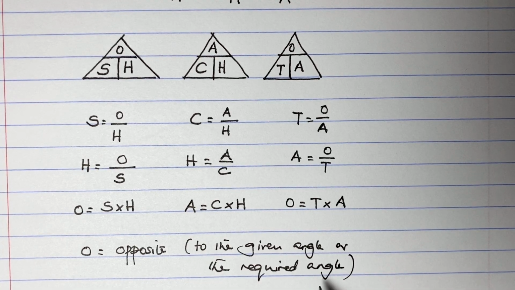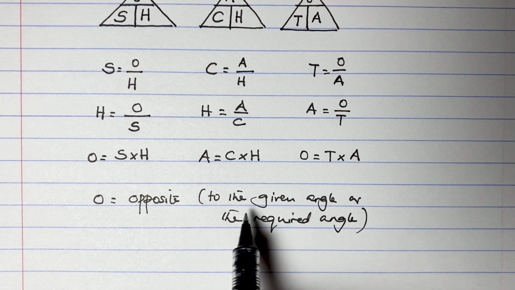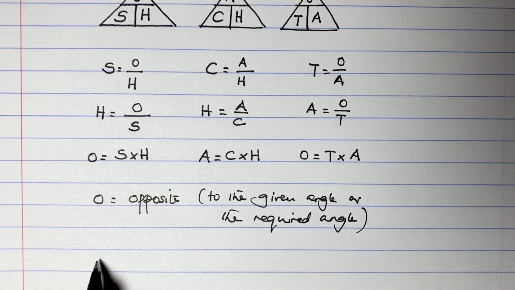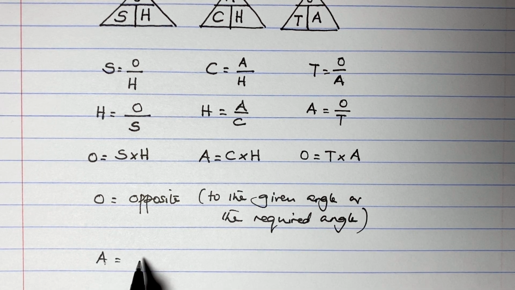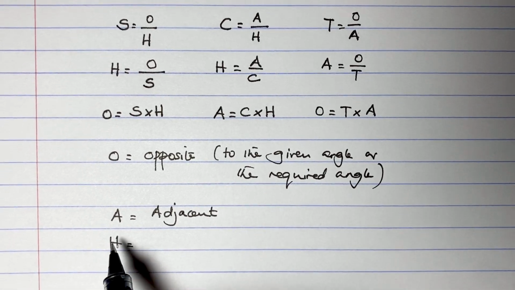With the examples to follow, you will understand what I mean by these sentences and these words. A stands for the adjacent to the angle. H is the hypotenuse, hyp for short.